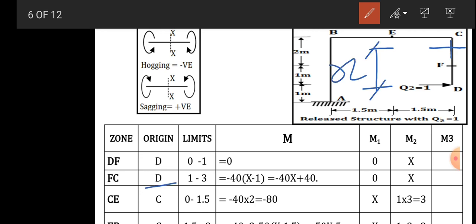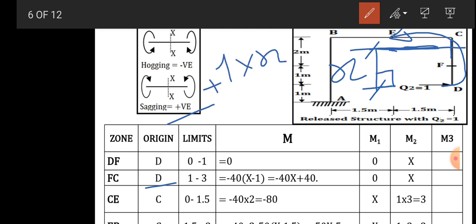Origin is D. Now the force is horizontal, so consider the horizontal imaginary axis, and the lever arm for the force with respect to the horizontal imaginary axis is x itself. And if you rotate about the horizontal, it will rotate in an anti-clockwise sense. So sagging is there, so positive sign will be for the moment. So the moment will be 1 into x, and the sign is positive, that means it is plus x or x. So the second cell is x.